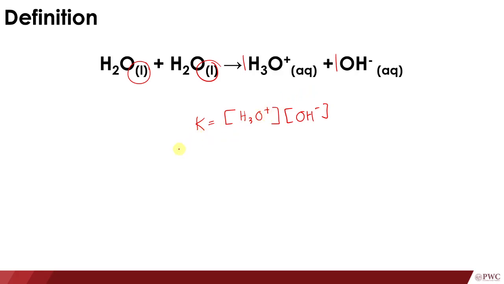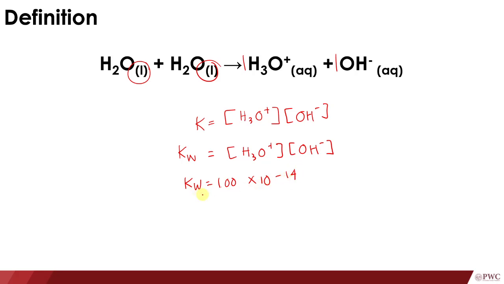We also give this one a special name because it's an important constant in acids and bases. That's Kw. The W here means water, so this is the water ionization constant. That's equal to the molar concentration of the hydronium ion times the molar concentration of OH-. And we have determined the value of Kw: Kw is equal to 1.00 times 10 to the power of negative 14.